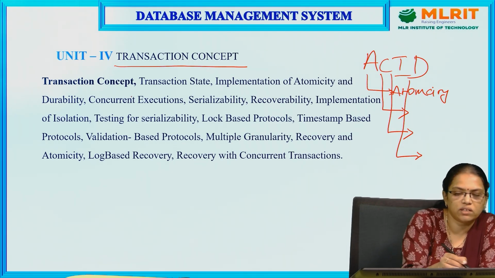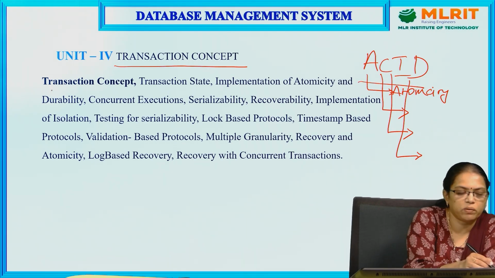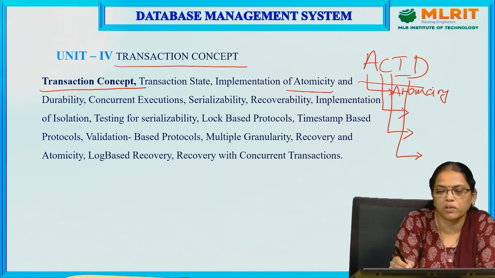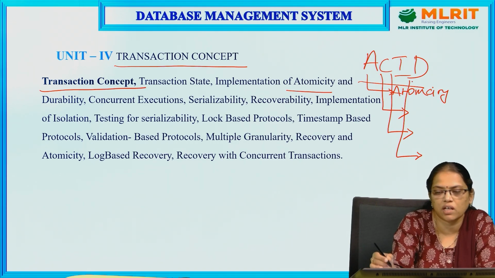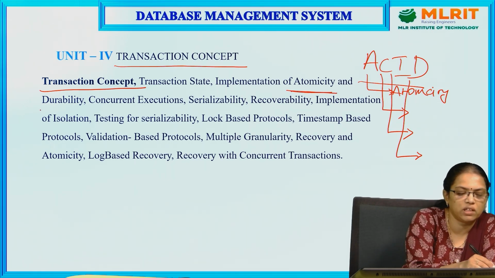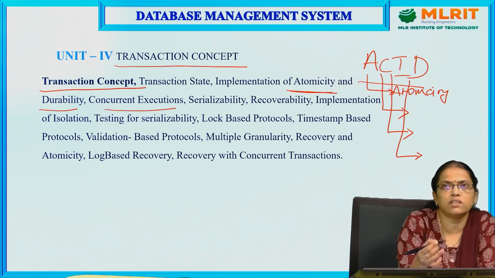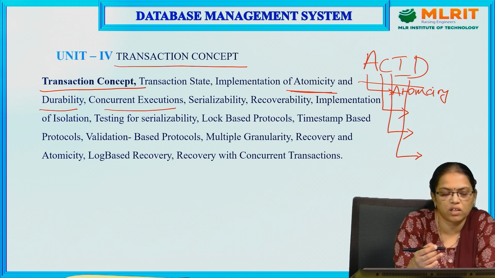That is the reason we call these ACID properties the transaction concept. And as we have already discussed the ACID properties, we will be checking how we implement atomicity and durability, and how executions are done concurrently. At a single time you can perform more than one operation.